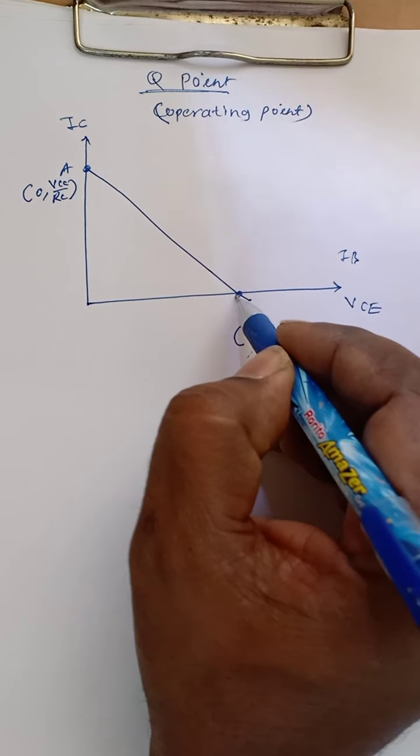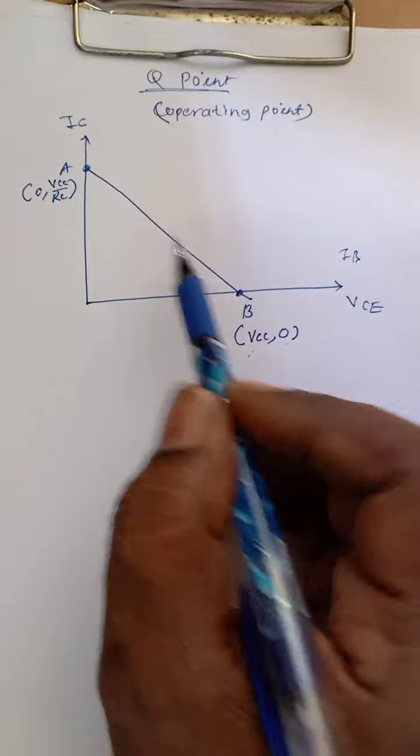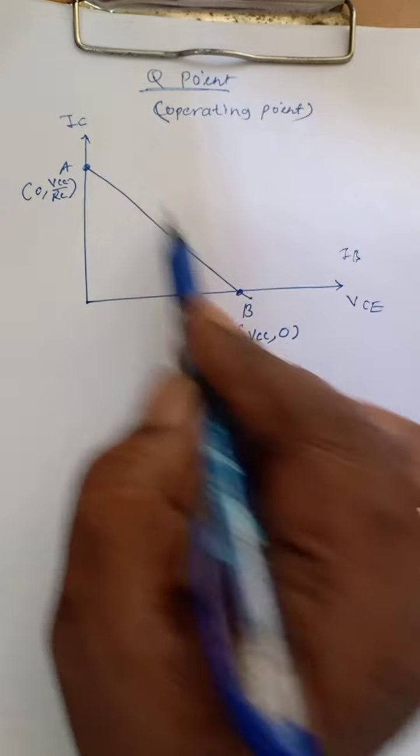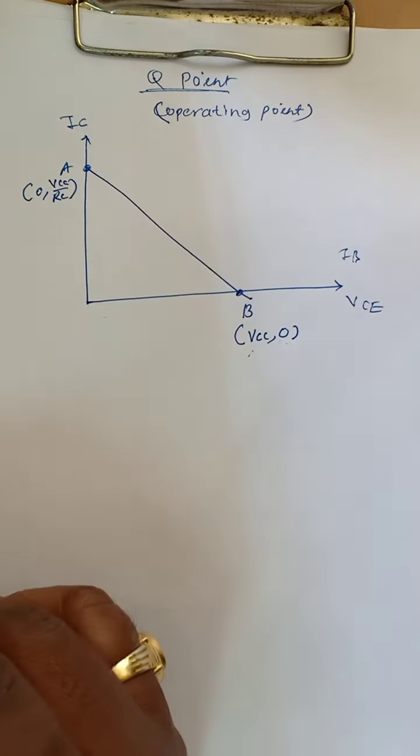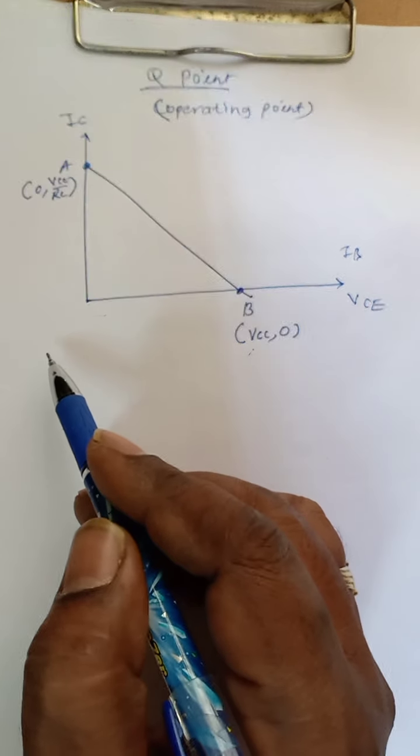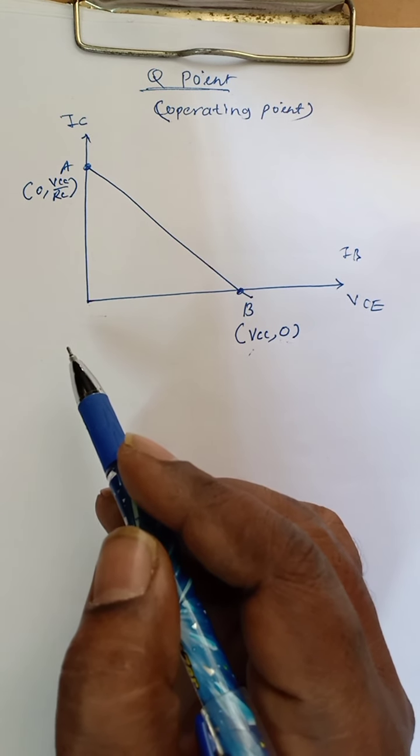The operating point means the condition at which the transistor works when you set the biasing. Biasing means you have to apply voltages to the transistor to operate it.